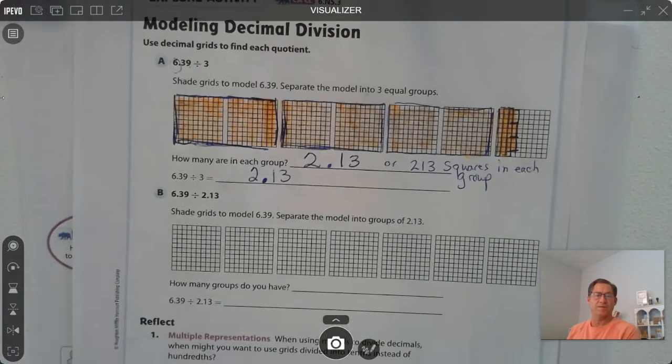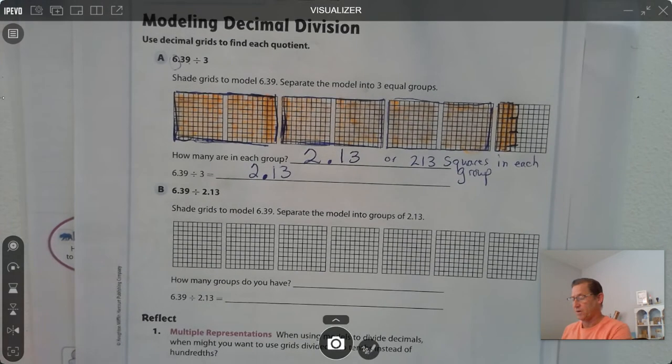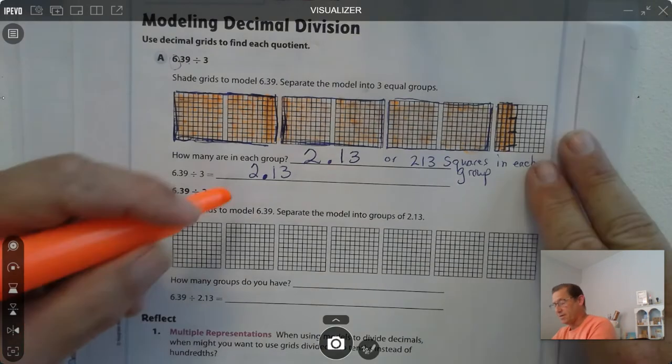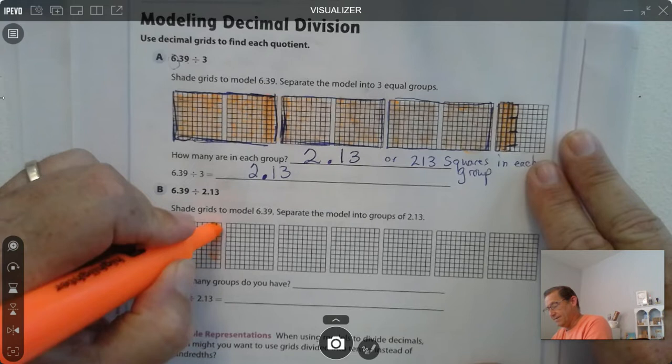Okay, so again, shade the grid model to show 6 and 39 hundredths. And this time we're going to separate the model into groups of 2 and 13 hundredths. So shade the same thing that we just did.